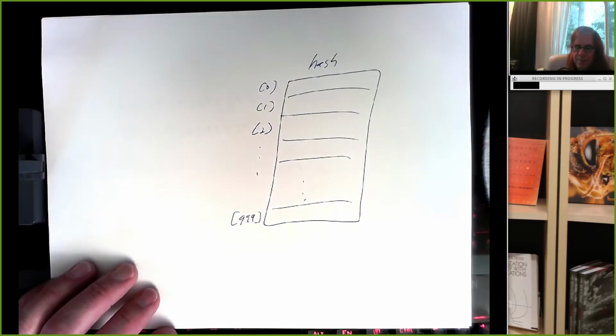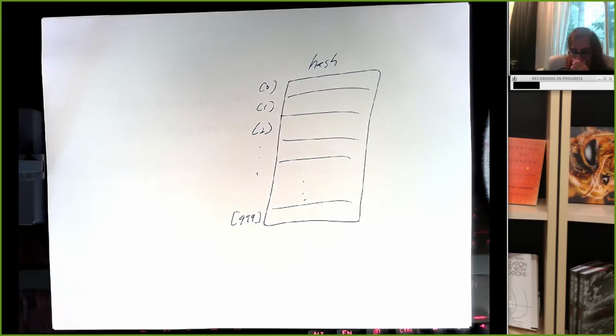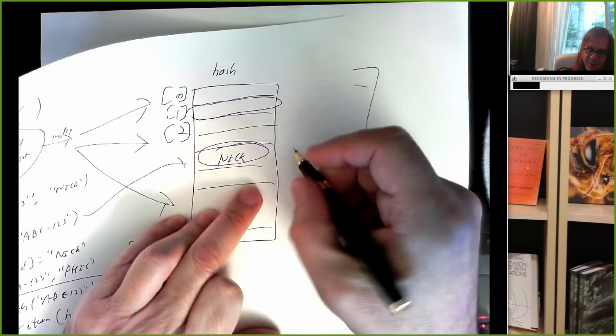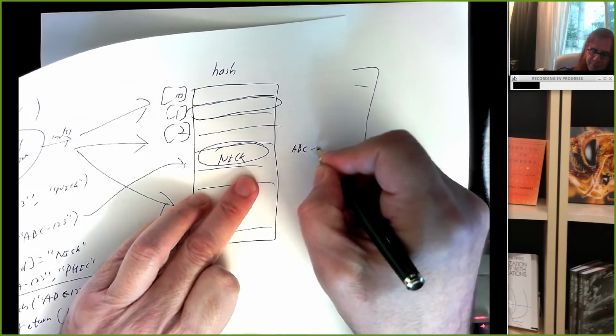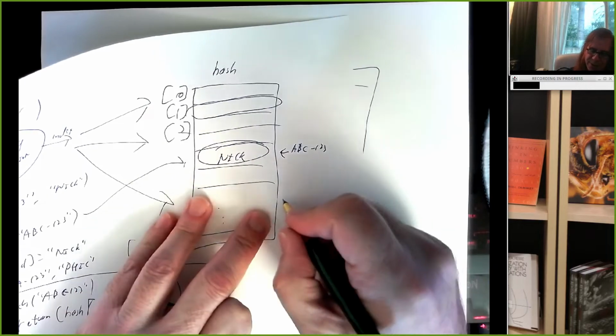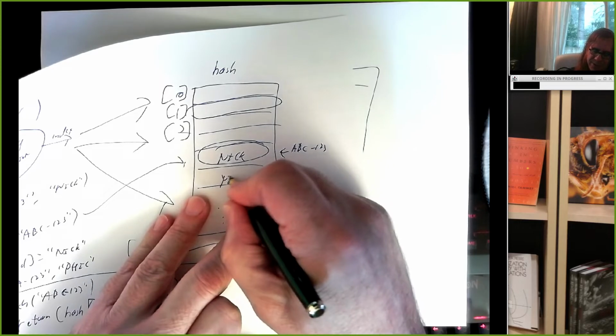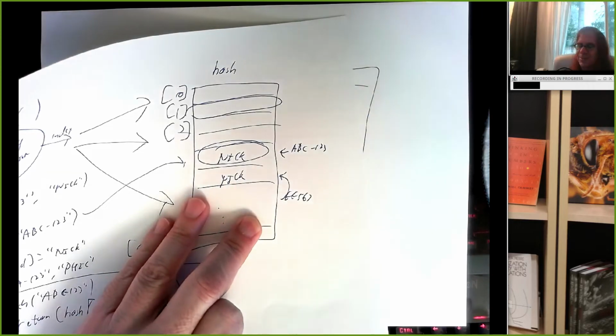When you talk about collisions, is it when multiple keys point to the same data, or is it multiple data point to the same key? It's multiple keys pointing to the same data. Okay. So if ABC123 points here, and EE567 points here, and this happens to also be Nick, that doesn't cause any problems.